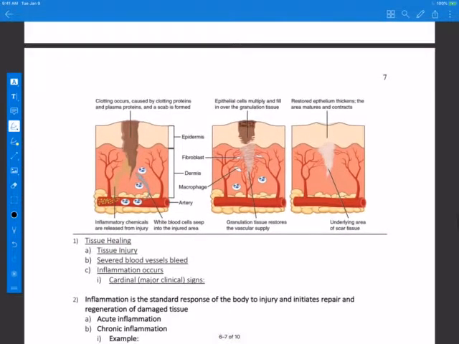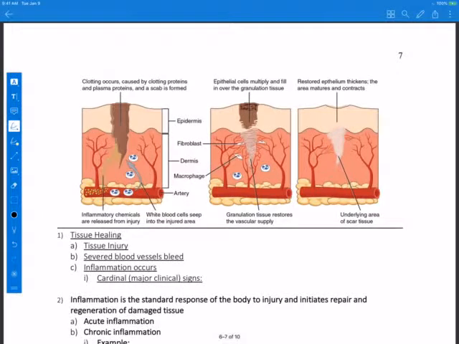So, if you look at this picture, this picture shows the injury occurring here, where there's been a break in the epidermis of the skin, and this leads to clotting.